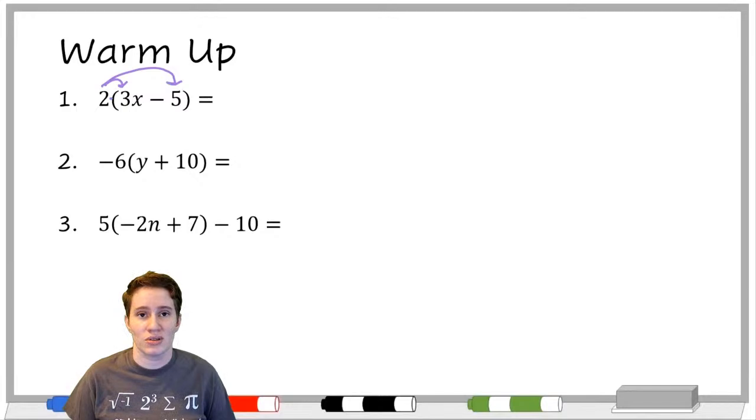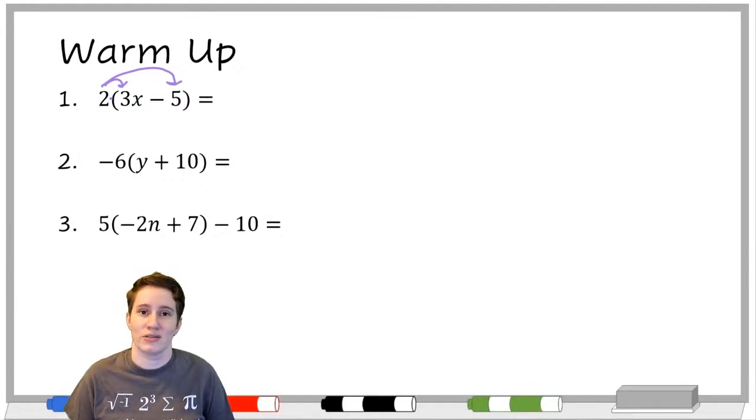I think it looks cool to do it, and it also can help you just remember to distribute it to both things. So 2 times 3x, whenever we do that, we multiply the 2 and the 3 together, and then the x just comes along for the ride. Think of it like we're saying we have twice as many as 3x, which means that we would have 6 x's. Remember the xylophone thing?